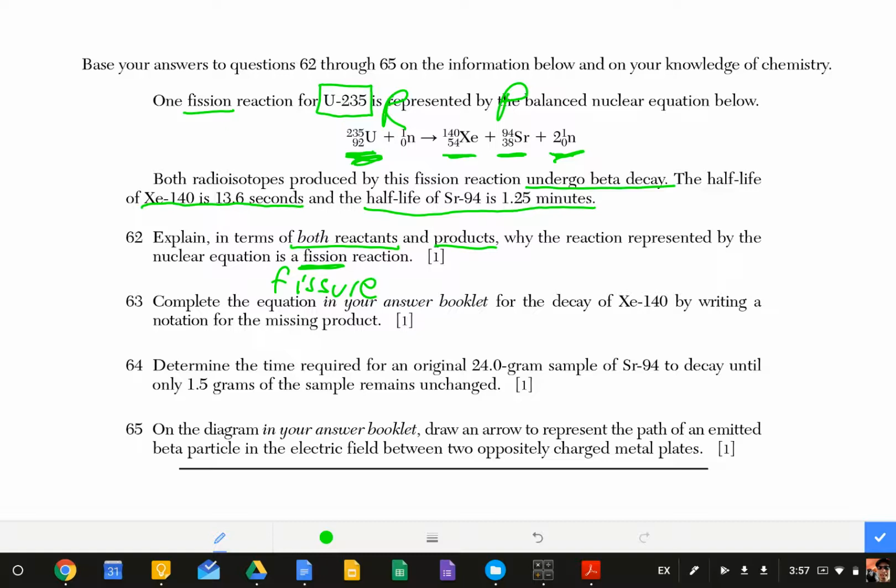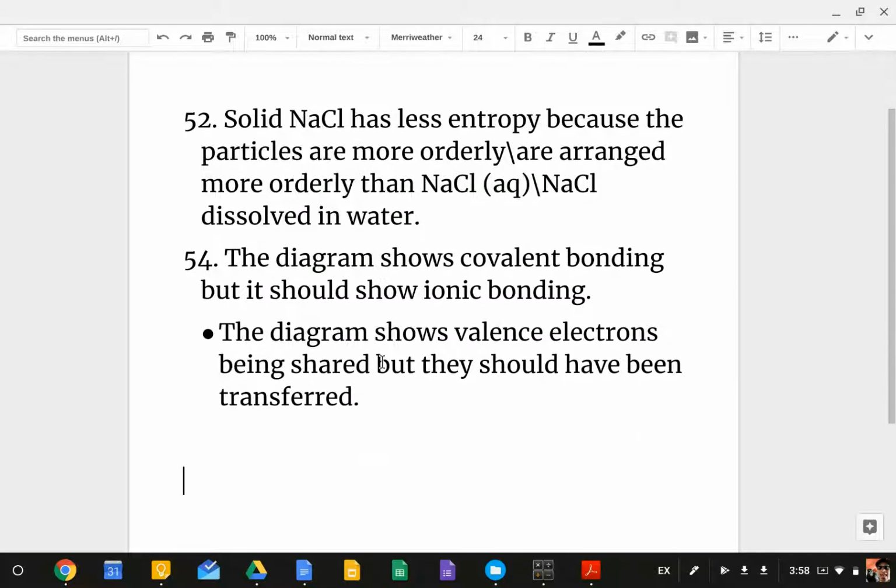So we can explain that we see a large nucleus with a lot of mass broke down into products that have less mass and less protons and neutrons in each one. That's really it. So to save you some of my awful handwriting, I will type that up for number 62.